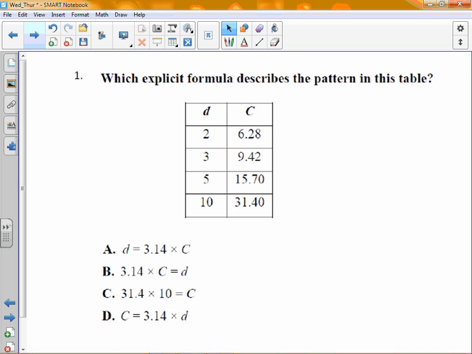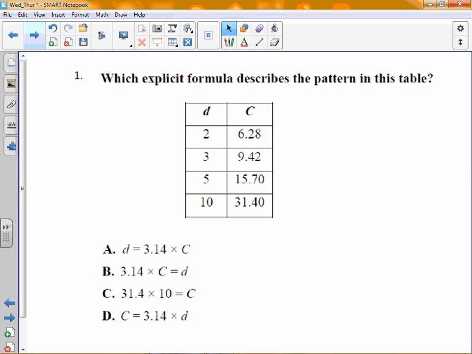Guys, it would be very easy to go, oh my gosh, I have no earthly idea what they mean by explicit formula. But if you look at it, you notice the formula that they're using here is just a formula for circumference of a circle, like 3.14 is like pi.